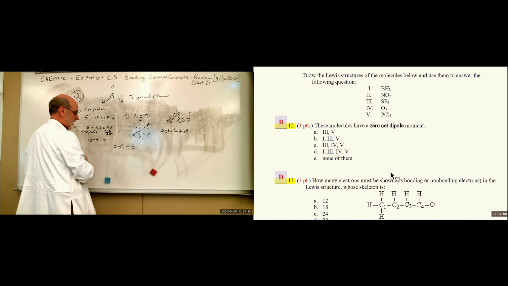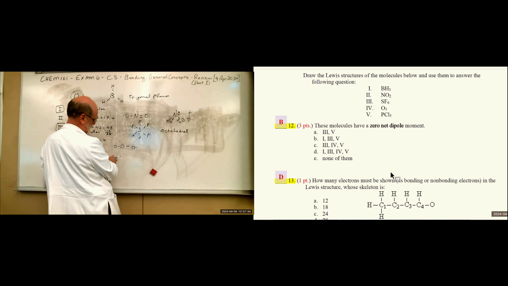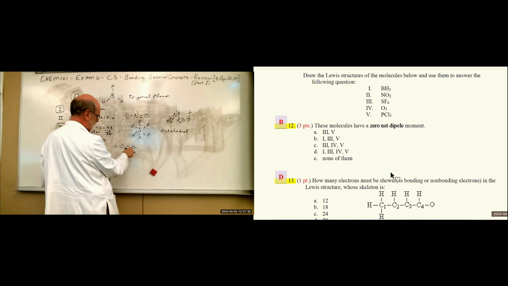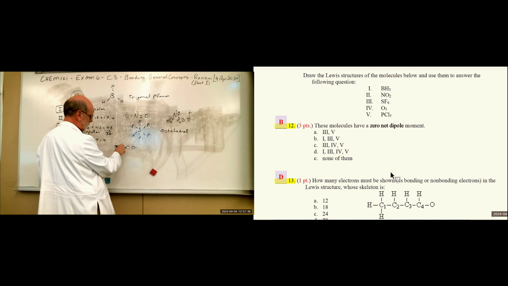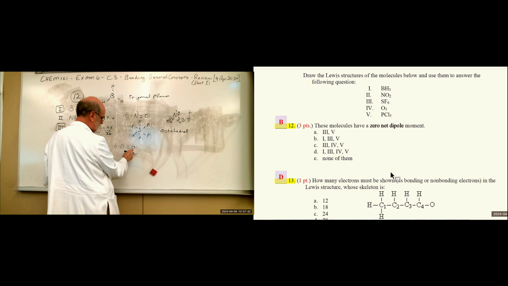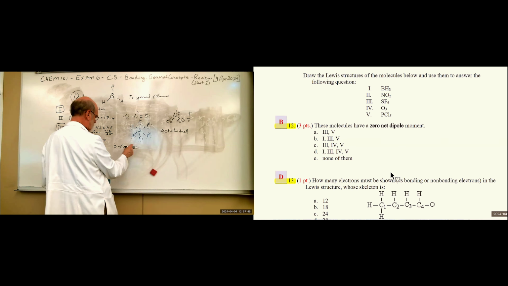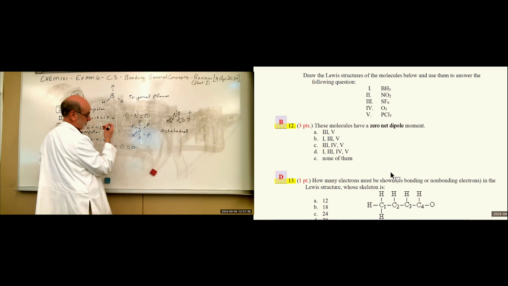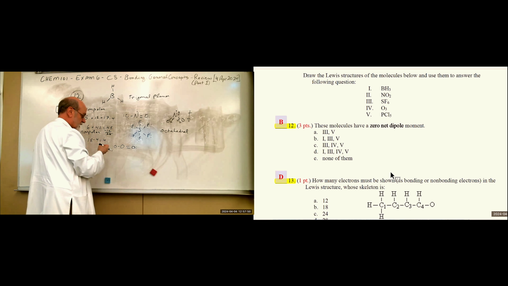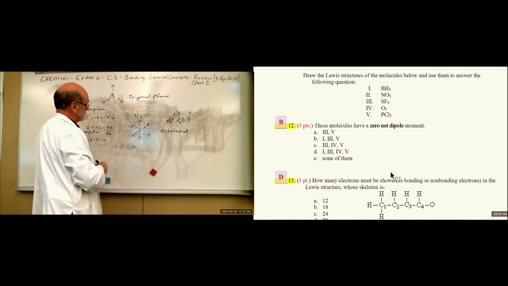Then we need to make an octet. So how do we do that? Well, we have to use pairs from the outside. We can't use that one because that one won't help us any. So if we move these 2 over, 2, 4, 6, 8, 2, 4, 6, 8, 2, 4, 6, 8. There we go. All right. So, well, you know what?